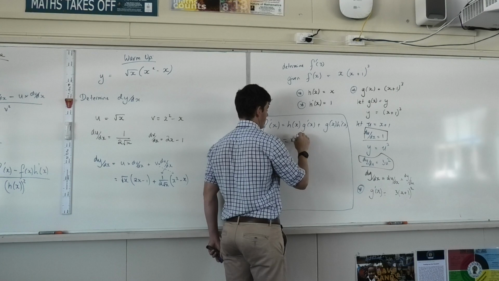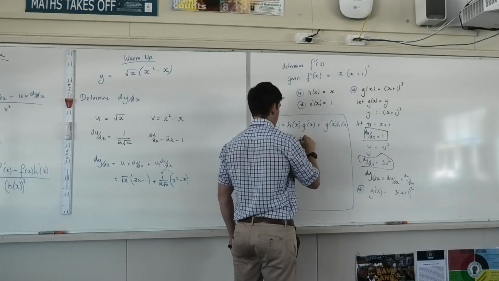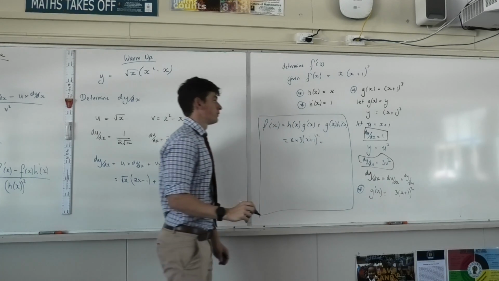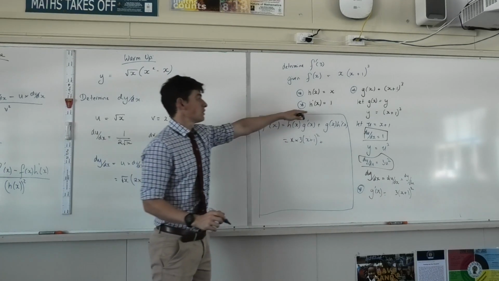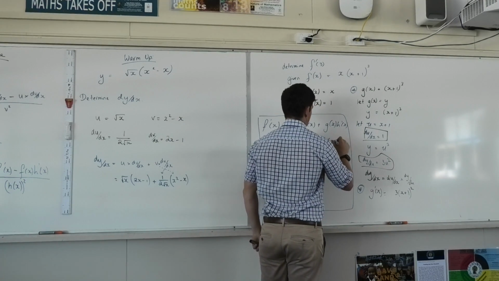Oh, it is squared, thank you. I was writing the wrong one down. Plus h'(x) is 1. And g(x) is? (x plus 1) cubed.